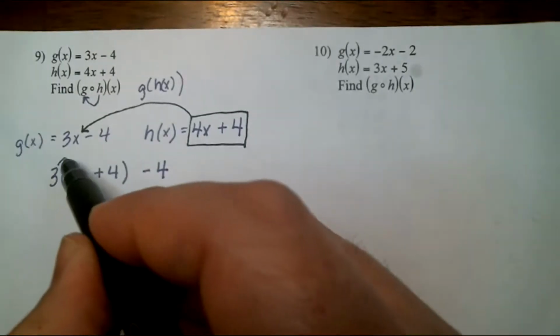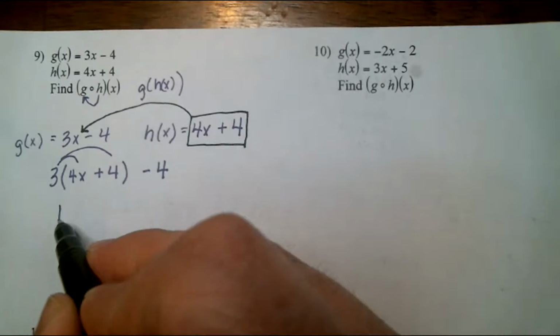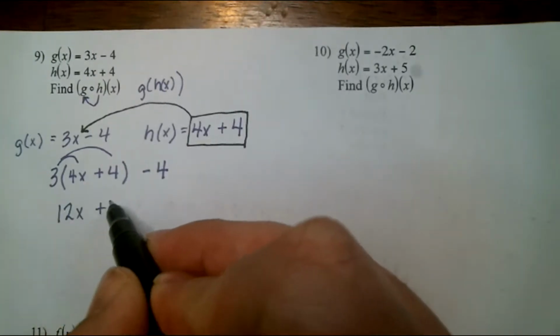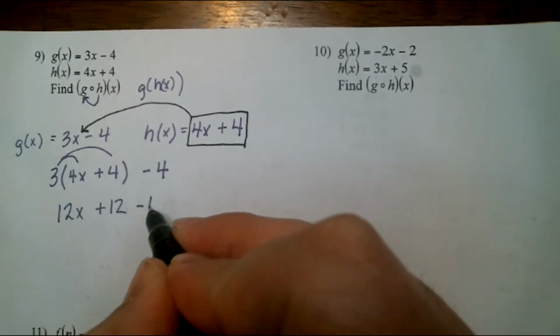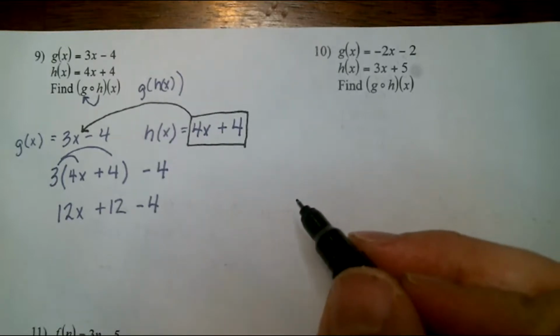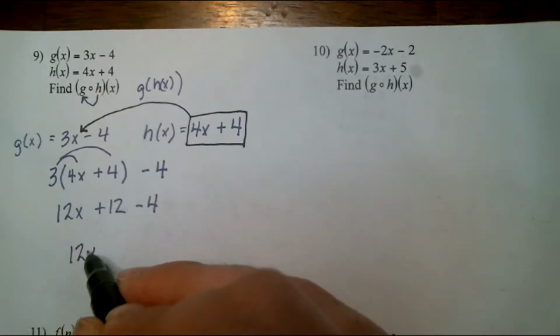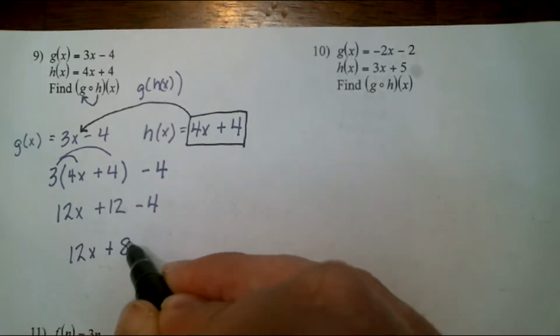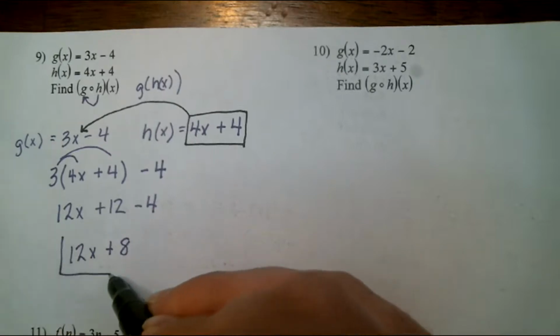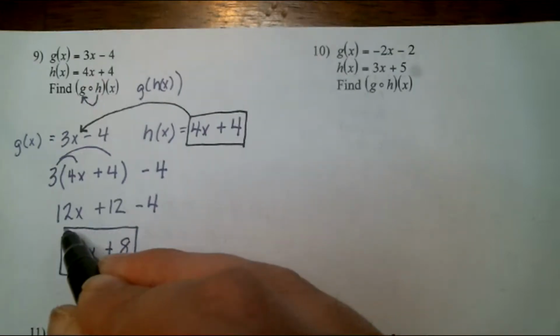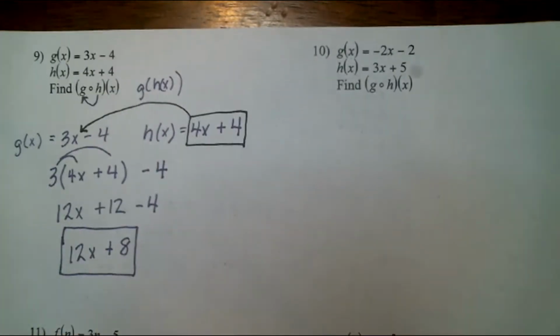So then from there we distribute: 12x plus 12 minus 4. 12x plus 8. And that's all I have to do right there.